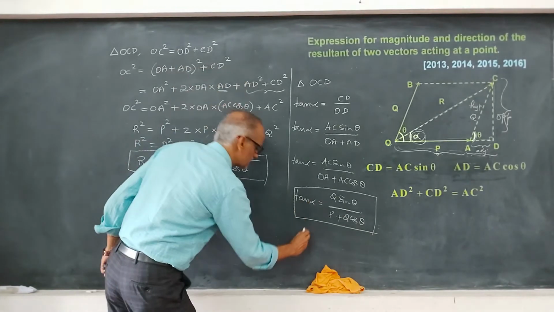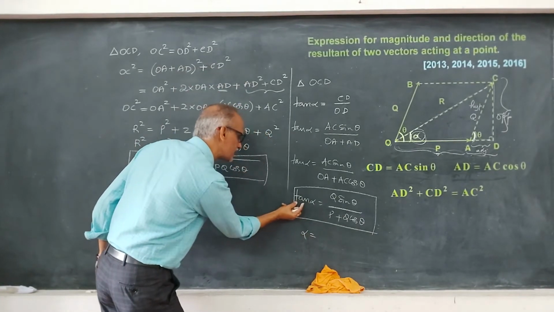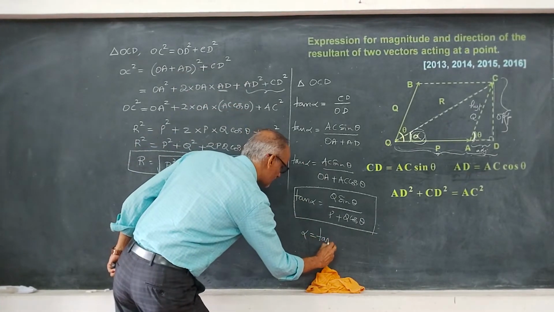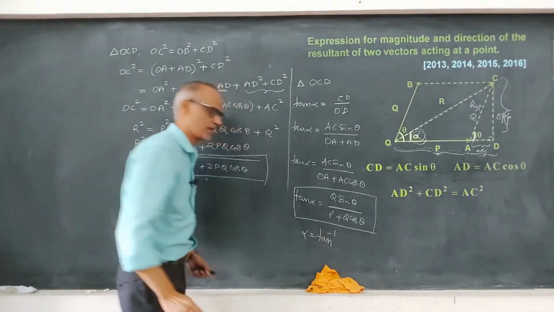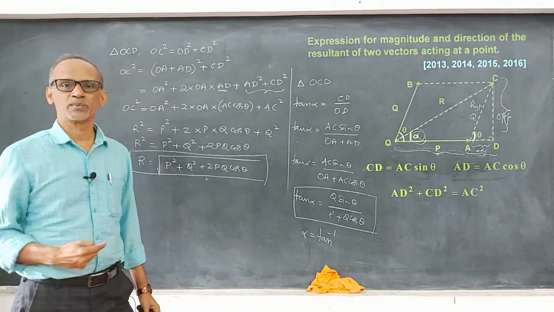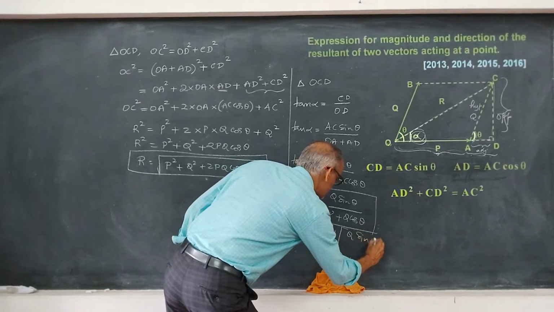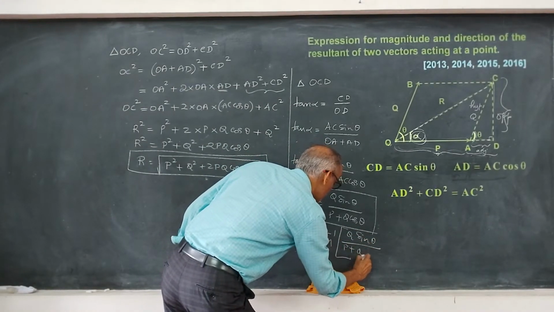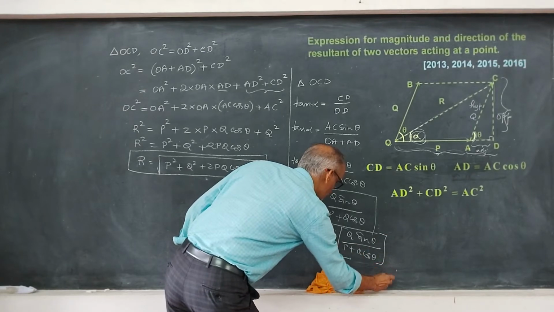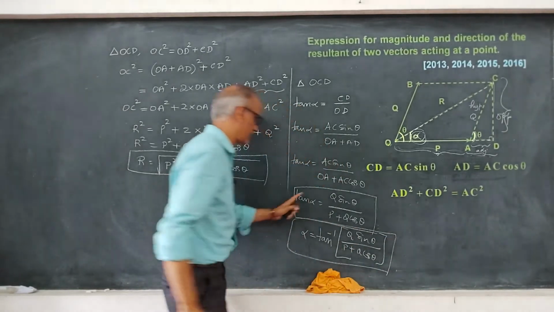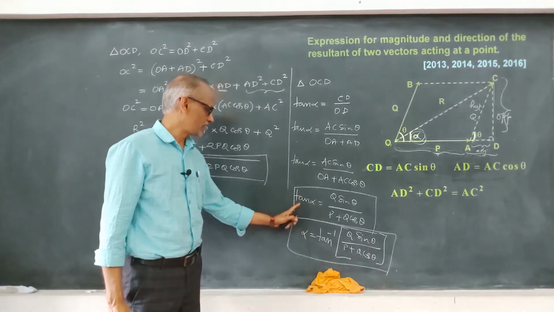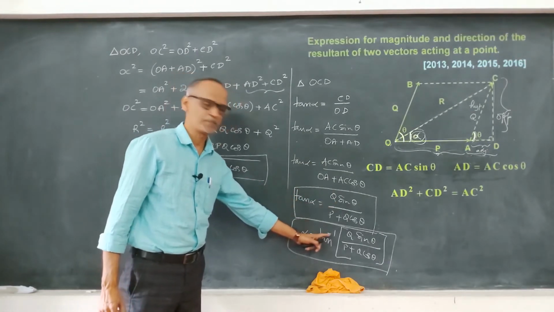You can even write like this. You can retain only alpha and then take tan to the other side. When you take tan to the other side, it becomes tan inverse. Okay, right? Alpha is equal to tan to the power minus 1 of Q sin theta by P plus Q cos theta. You can even write like this also. Either you can write the tan alpha formula or you can just retain alpha, and when you take tan to the other side, it becomes tan inverse.